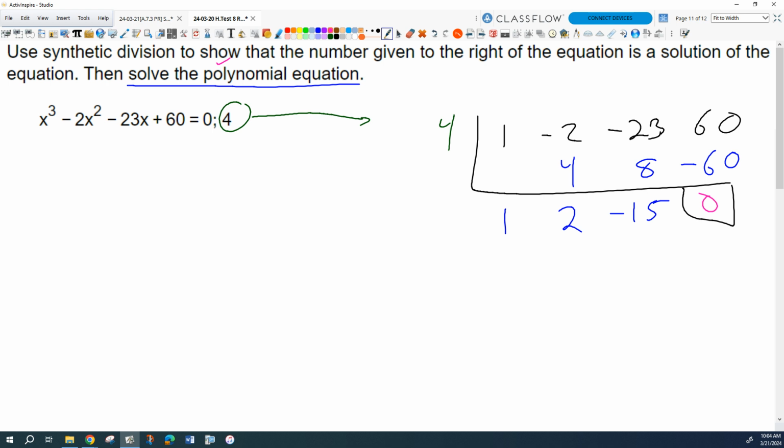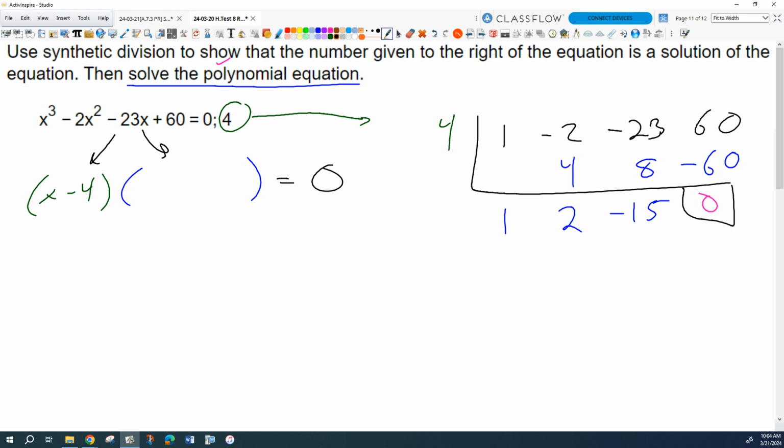How does this help us? It makes it more easily factorable. What this tells us is that our original 4-term polynomial broke up into x minus 4, which we already know that solution, so we don't even need to worry about that one. But more importantly, the other factor that this breaks up into is this quadratic one.